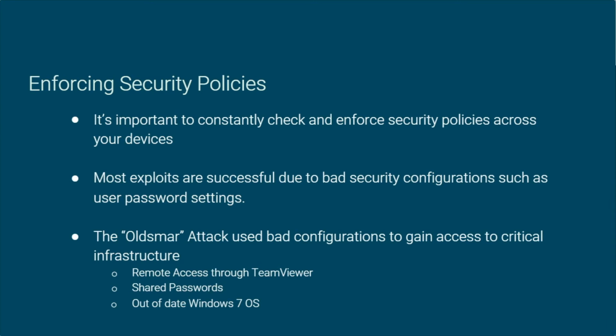Now, luckily in this example, a worker saw it happening in real time and was able to react. But if that user doesn't see that action happening, then water supplies are poisoned and actual life could be lost due to this exploit. So it's really important to cover these bases on a regular cadence to make sure that users are adhering to what your policy and security best practices are for your organization.